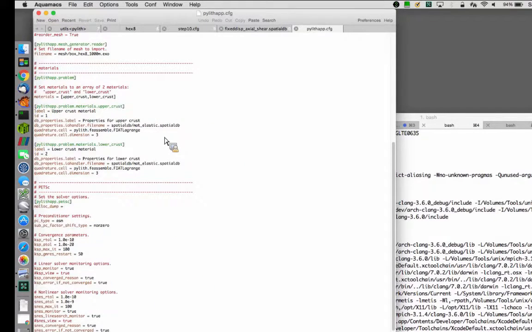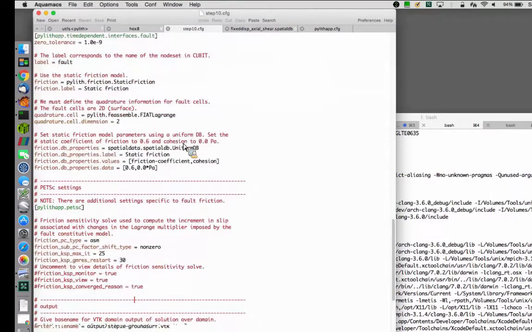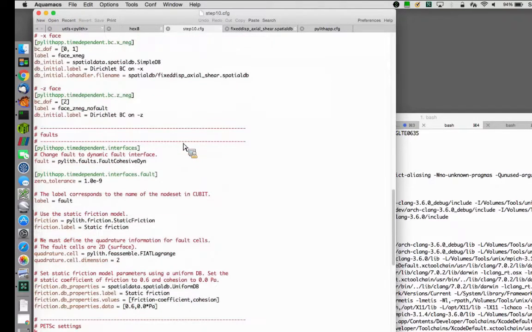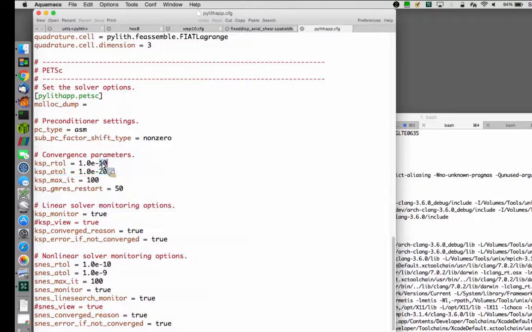Let's look at our solver tolerances. In this case, the relative are absolute. Interesting. So why didn't our fault slip? Here I did not put any additional SNES settings, so I guess I can get away with that. But you'll notice here we have a relative tolerance of 10 to the -10, absolute tolerance of 10 to the -20, and 10 to the -10 and -9.